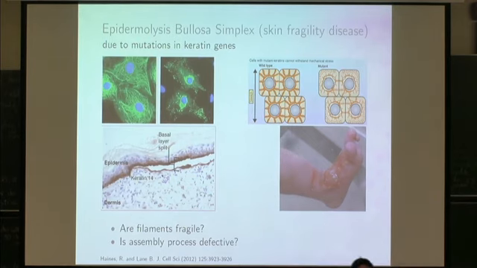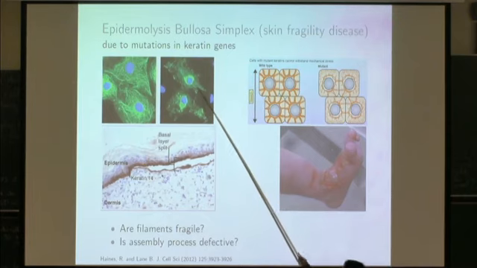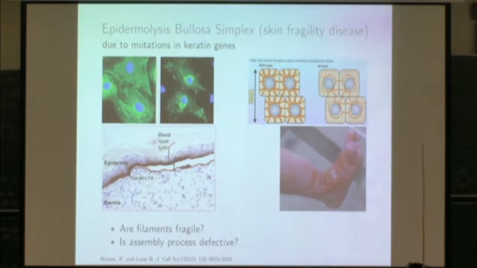Now if you do exactly the same thing, but on cell having this mutation related to EBS, what you are going to observe after a while is the network is not organized anymore as normally, but you are going to have the protein aggregate in small particles, aggregates, granules, however you want to call that.